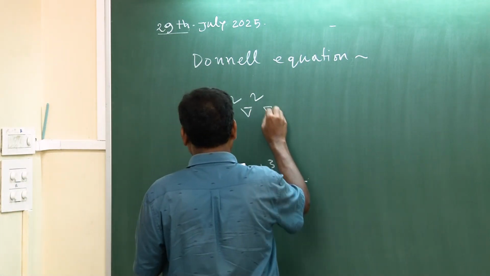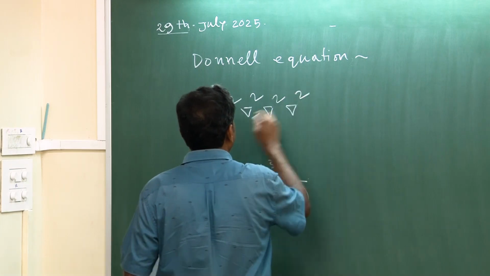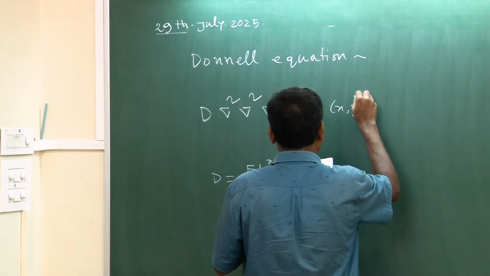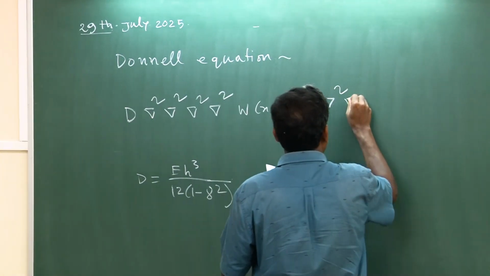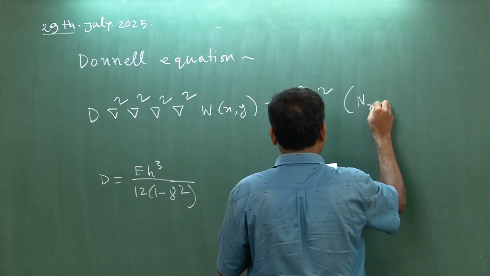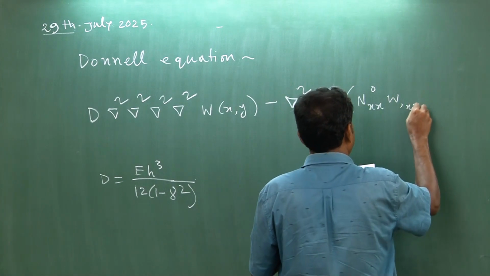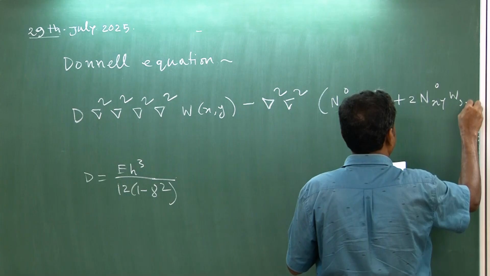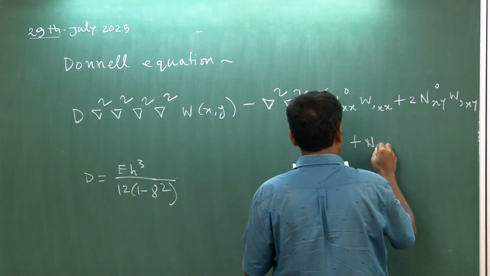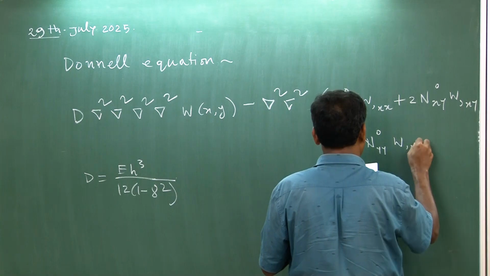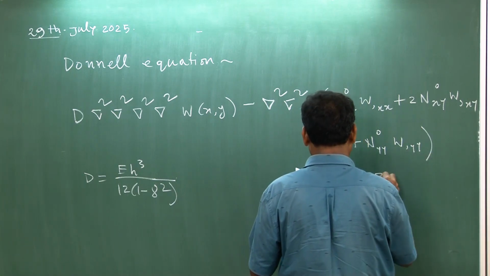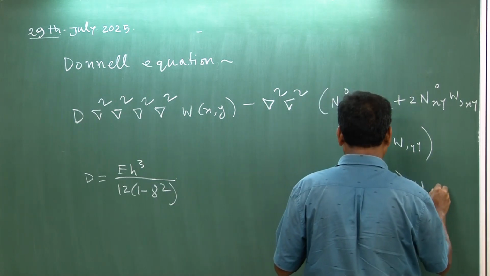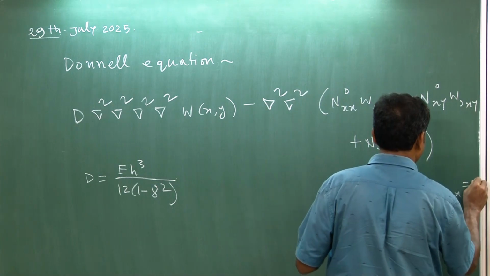So this was the equation, if you can recall. In the book you will see lambda to the power 8, but essentially I am writing in this form: D lambda to the power 4 w minus lambda to the power 4 times N xx 0 w comma xx plus 2 N xy 0 w comma xy plus N yy 0 w comma yy, plus E h by r square w comma xx is equal to 0.